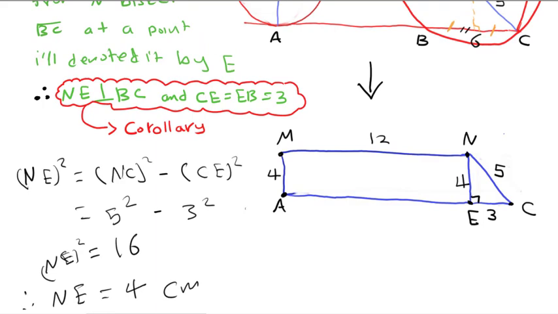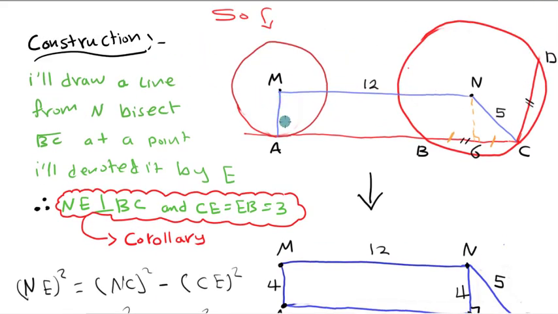I'll go back to the figure to find this angle. The line segment MA passes through M and A, CA is a tangent, and M is a center.